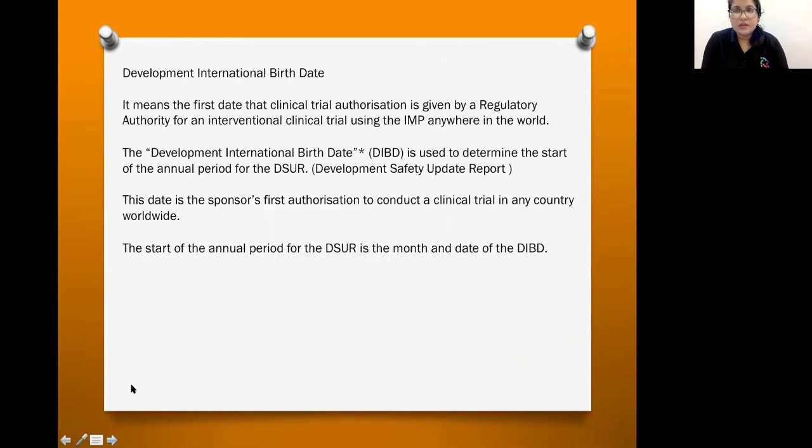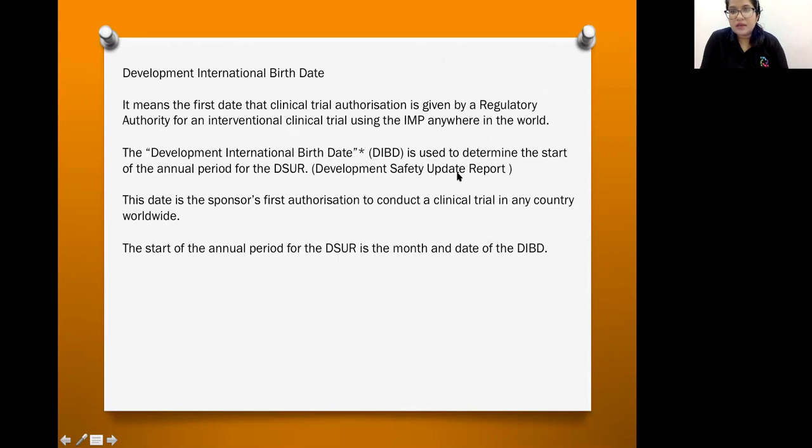Another term is the development international birth date. It is different from international birth date. That is the first date that clinical trial authorization is given by a regulatory authority for an interventional clinical trial using the investigational medicinal product anywhere in the world. So the development international birth date is used to determine the start of an annual period for the development safety update report.